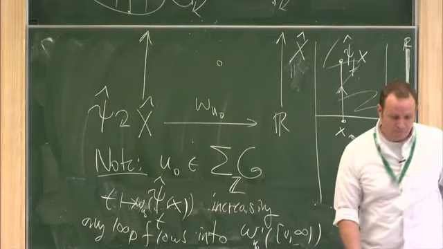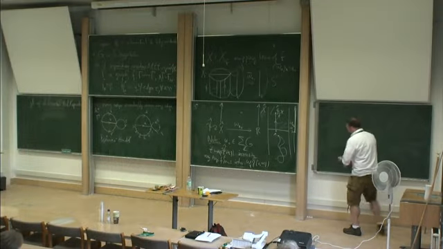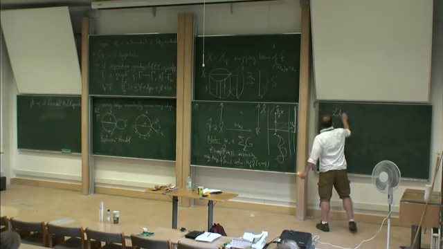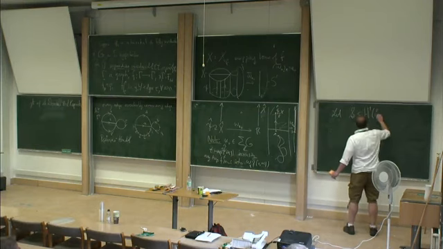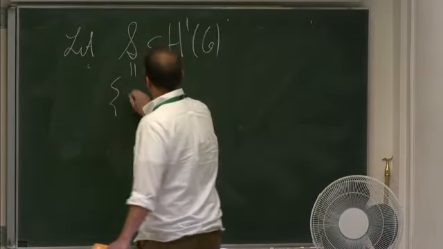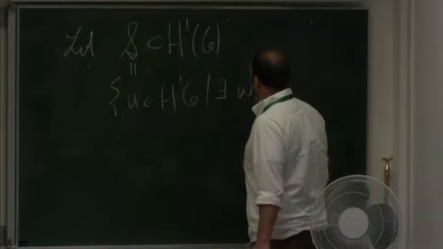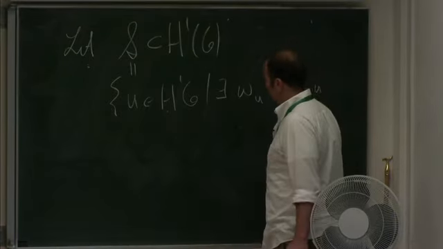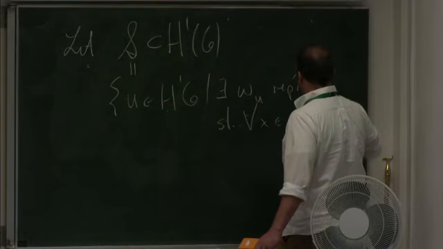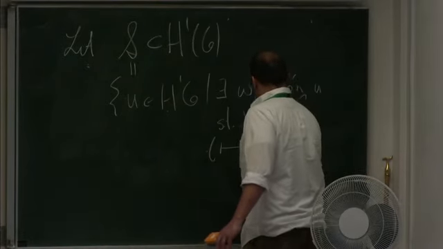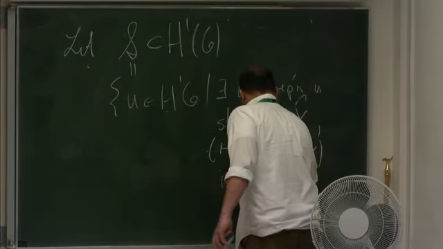So let me define the subset of H1. Let S inside of H1 be the set of all these classes u such that there exists omega u representing u, so that for all x in X hat, the map t goes to omega u of psi hat t of x is increasing.